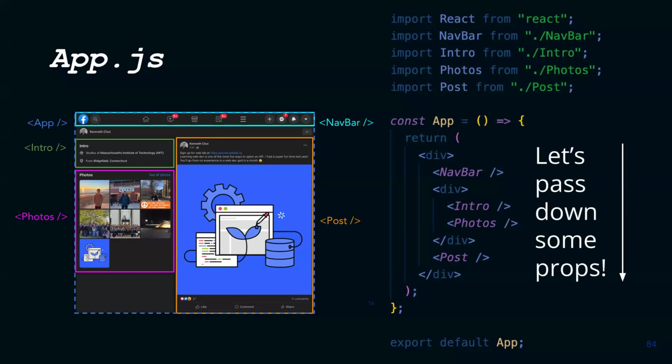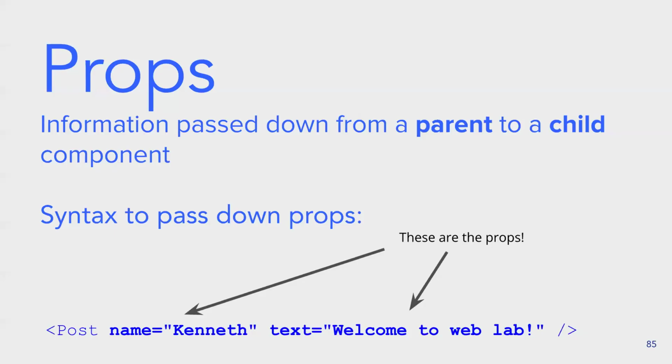Now that we have all this down, we can't really use this the way we want to unless we pass some data into the components. So let's practice by passing down some props. Just to recall, props are information passed down from a parent to a child component. The syntax to pass down props is the bottom line here.